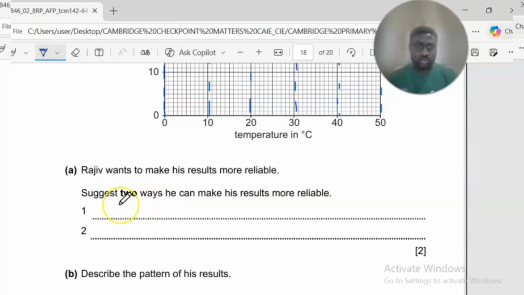You can get a clue from there by stating expected responses like he can repeat the experiment.